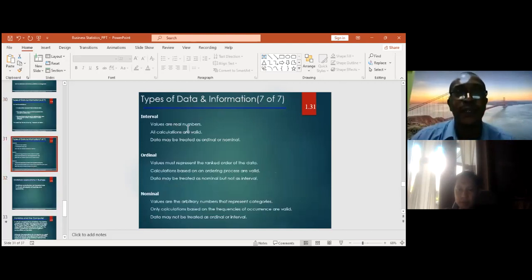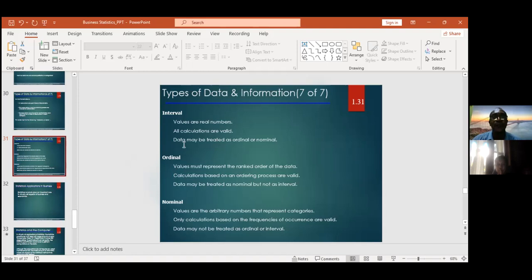Very importantly, this slide also gives us an important summary of what we can do with each of these types of data. In interval data, values are real numbers, for example, height, weight. All calculations are valid. You can plus, you can divide, you can minus, you can square. Data may be treated as ordinal or nominal.